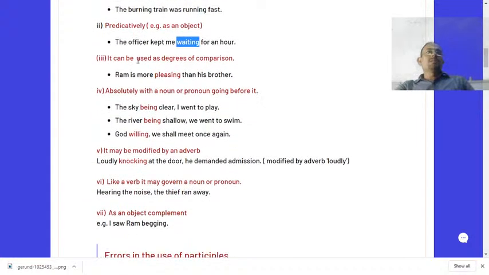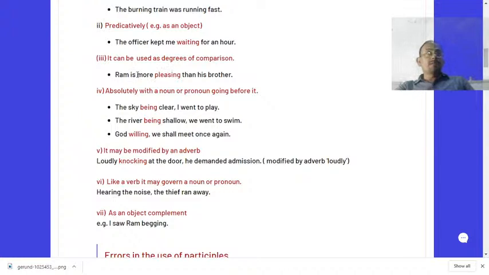Now you can see the third use is degrees of comparison. For example, Ram is more pleasing than his brother. Here pleasing is a present participle which is used as a degree of comparison. It is the comparative degree because more is used before pleasing.